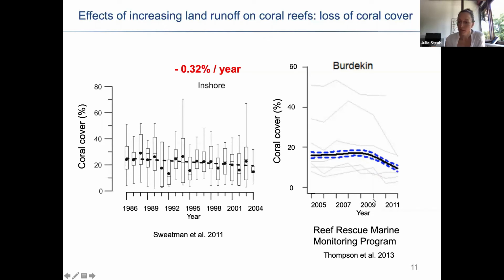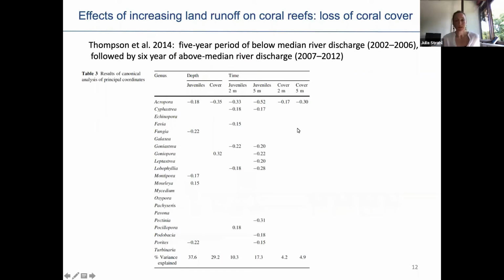And Thompson, who is one of the team members of the Reef Rescue Marine Monitoring Program, did a study where he investigated different genera of corals, and he looked at the juvenile abundance and the coral cover within 10 years.